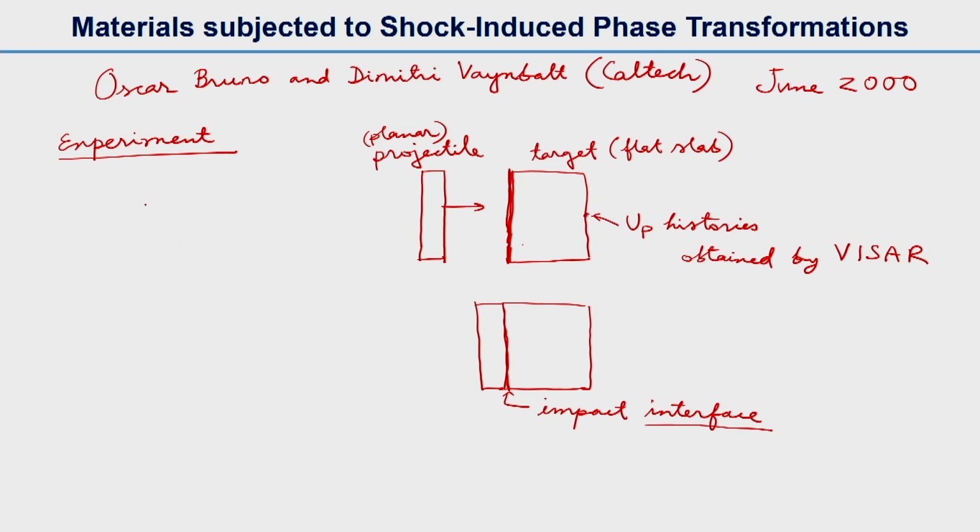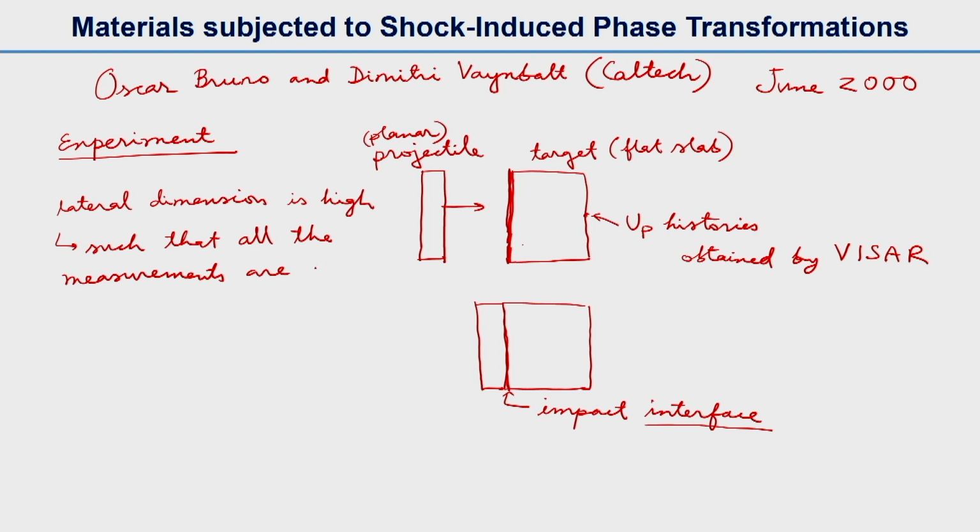in this example, the ratio of the lateral to the longitudinal dimension is chosen such that the lateral dimension is high, so that all the measurements are completed before the release wave arrives from the lateral surface of the target.